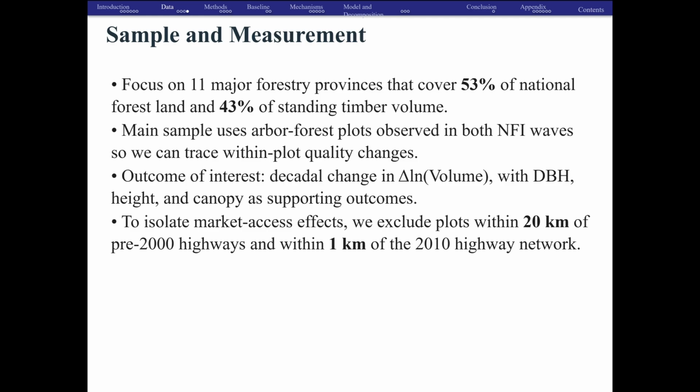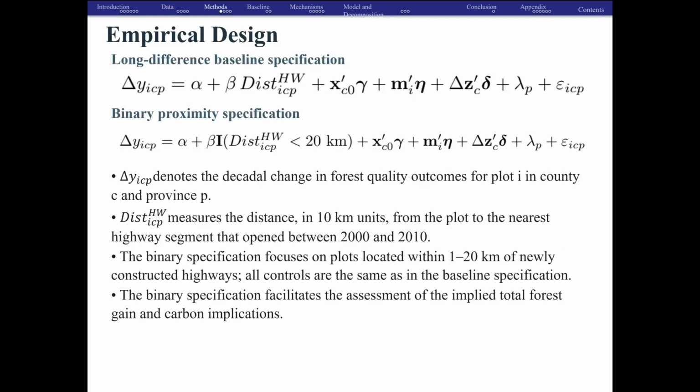So the outcome of interest basically is a decadal change in forest volume in each plot, with other indicators to support it. And we did some estimation because we want to measure market access effects. So basically, it's a difference-in-differences model.